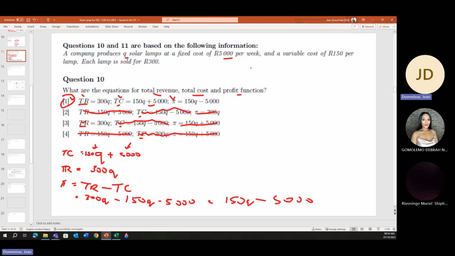So if you've written down total revenue first, you would have eliminated some options. Then if you've done total cost, you would have only been left with that one. So again, just start with one and see how many you can actually eliminate.